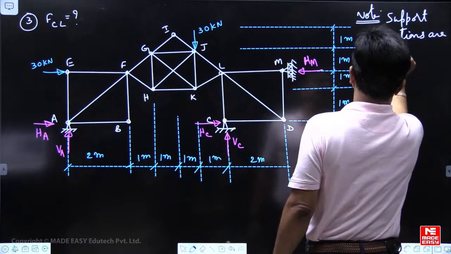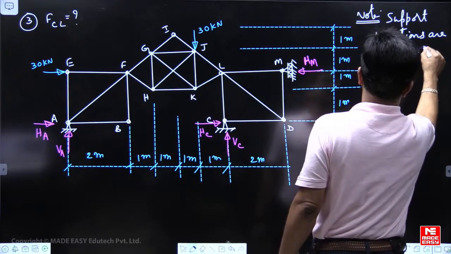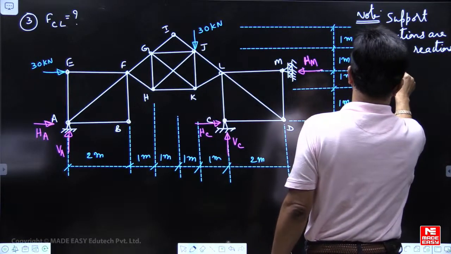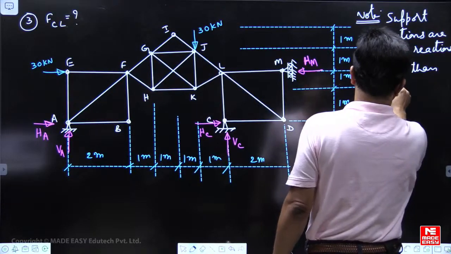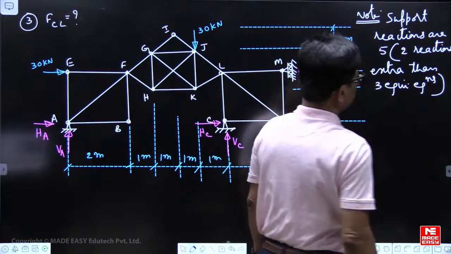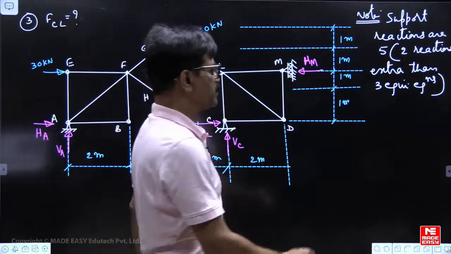Support reactions are 5. That means 2 reactions extra. 2 extra reactions are more than 3 equilibrium equations.